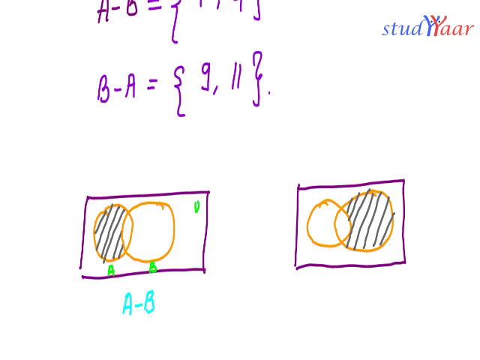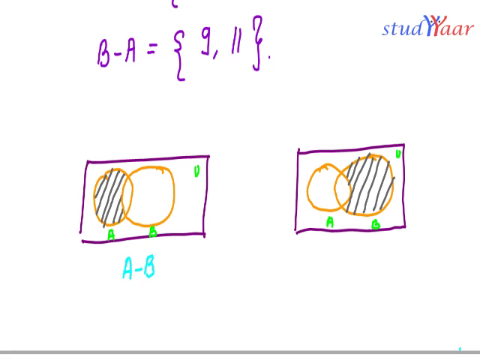This is my B, this is my A, and this entire rectangle is the universal set. And this is B minus A. So you can pretty well see that A minus B is not equal to B minus A.